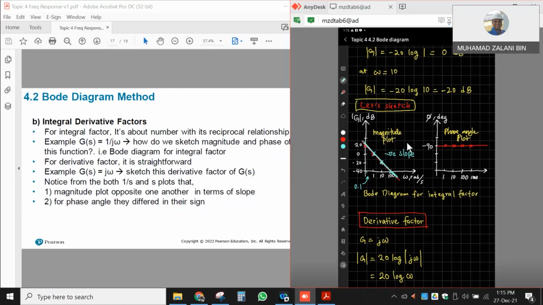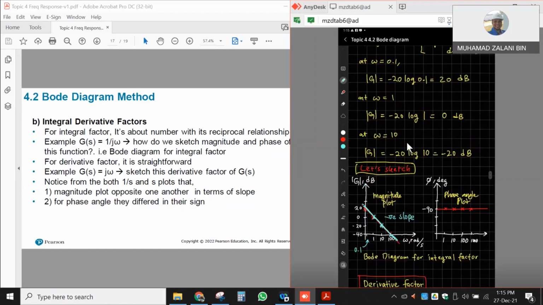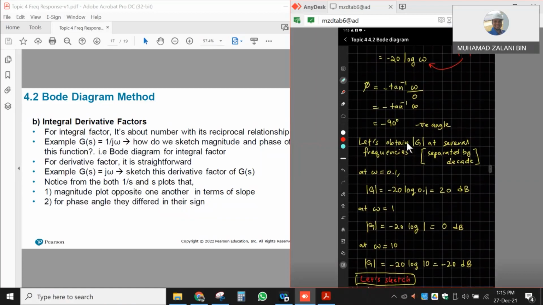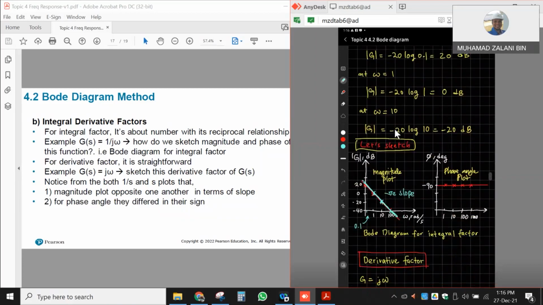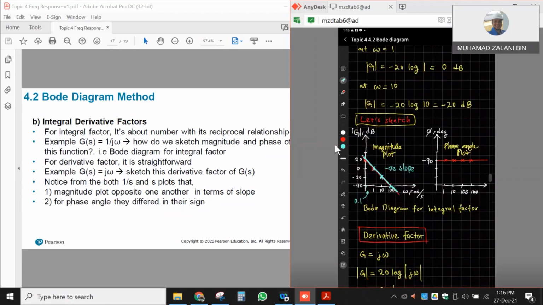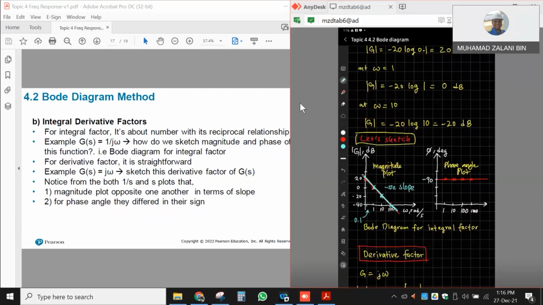When we calculate the angle, it is negative arctangent of omega divided by 0, which is negative arctangent infinity, which is negative 90 degrees. So we can expect the phase angle plot to be at a constant negative 90 degrees.